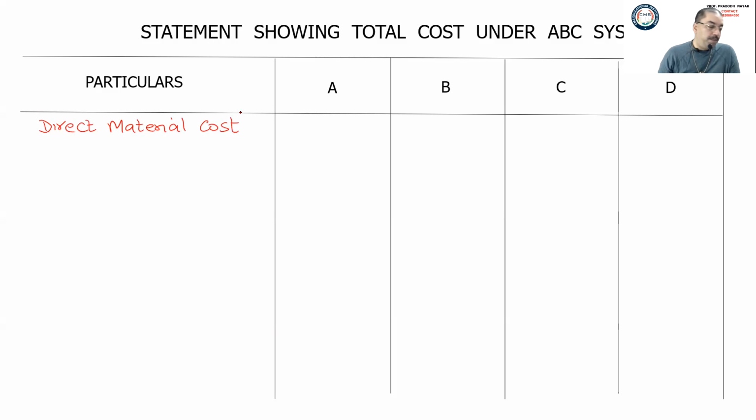Starting with the first one, direct material cost. 600 into 40 is 24,000. 500 into 50 is 25,000. 400 into 30 is 12,000. And 600 into 60 is 36,000.